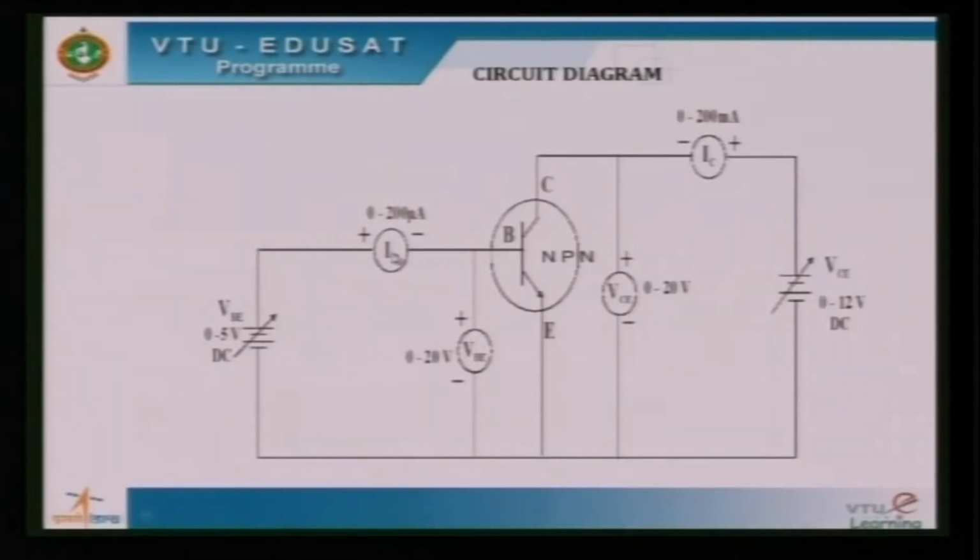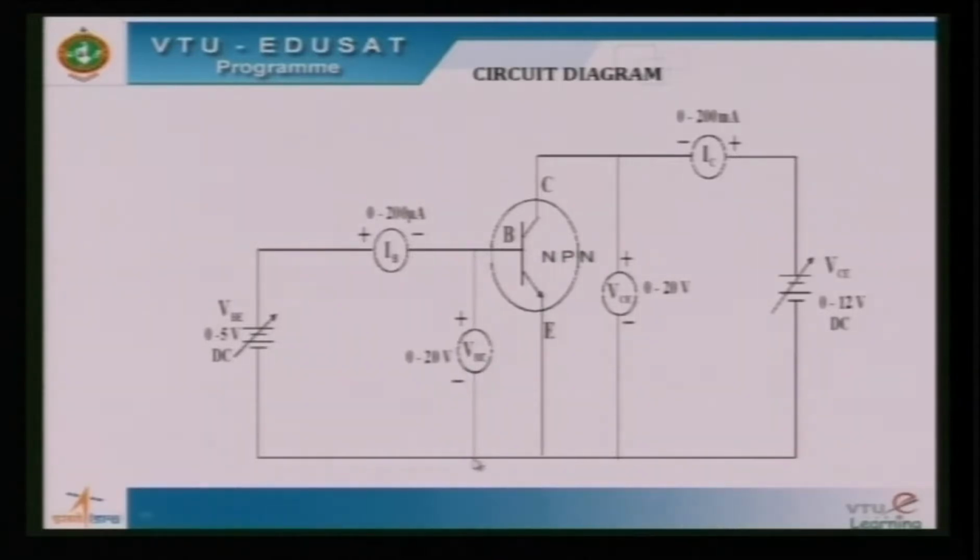To record the current readings in the input circuit we connect a microammeter, because current is of the order of microamps, and a milliammeter is inserted in the output circuit to measure the output current. The bias voltages are recorded in the voltmeters.